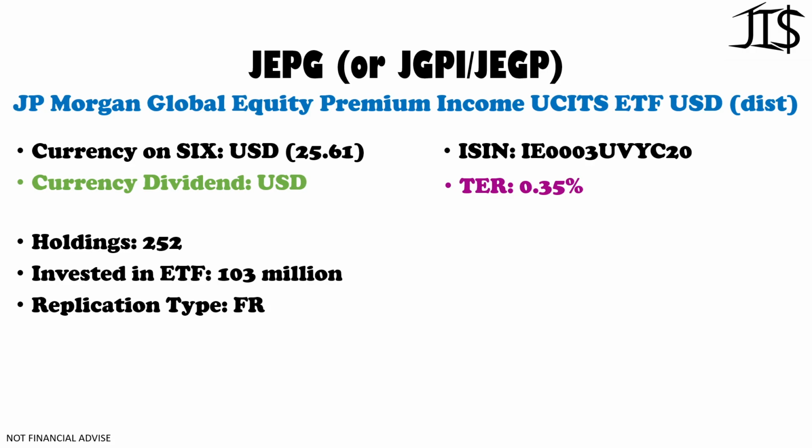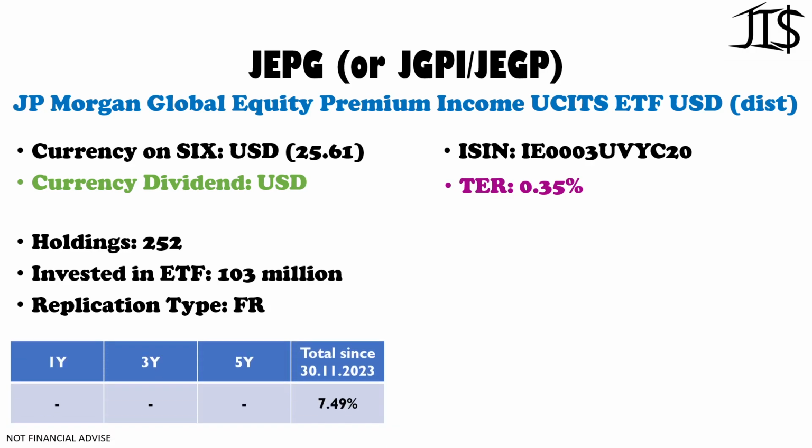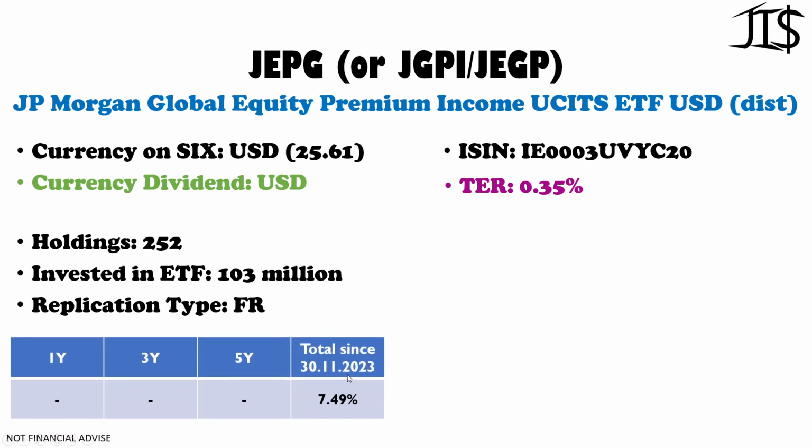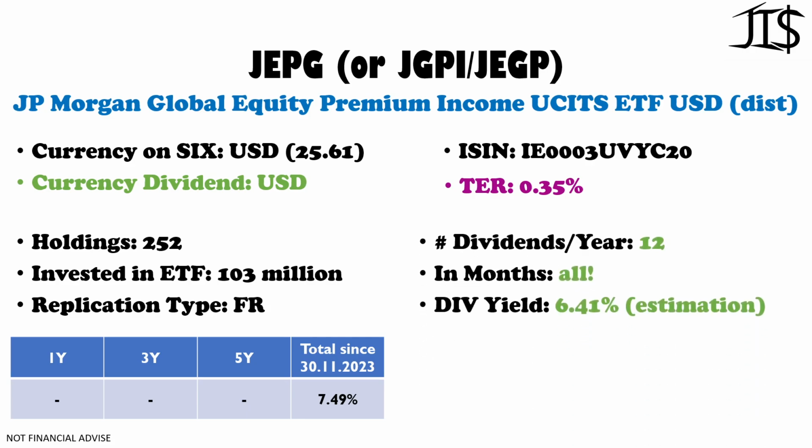So it rose a bit since the previous time that I talked about JEPG. And since its inception, so it only started on the 30th of November of 2023, it's up 7.49%. There are 12 dividends per year, so in all months, and the dividend yield for now is 6.41%.